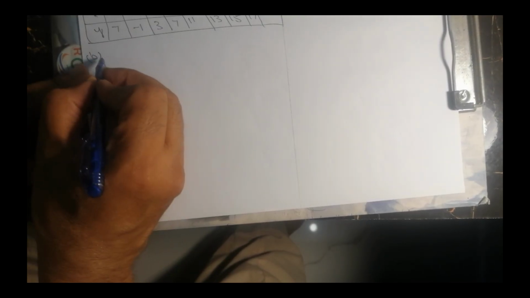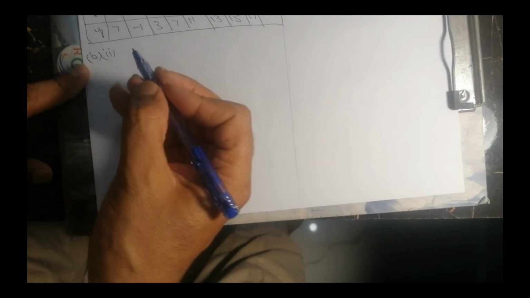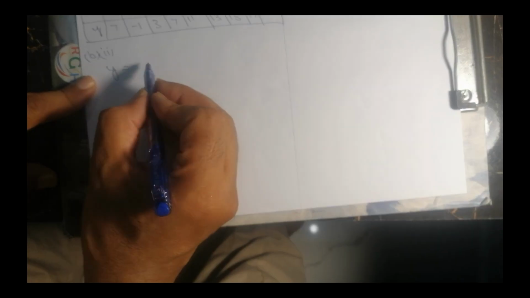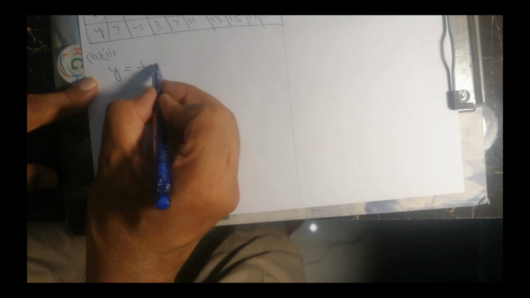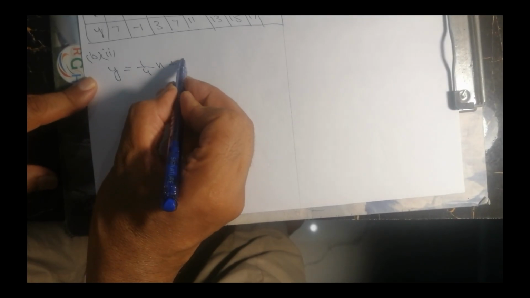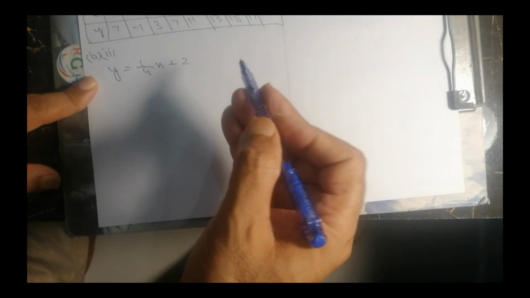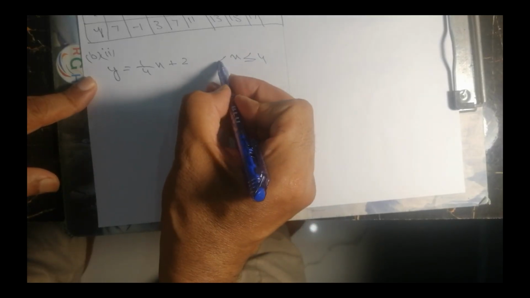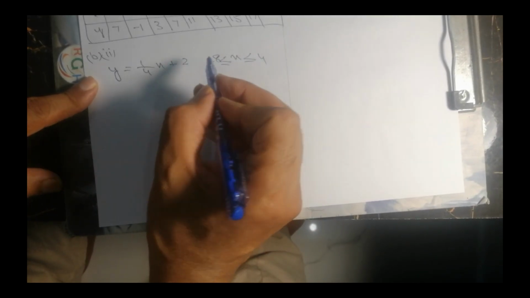So for part B, y equal to 1 by 4x plus 2, and range is already x less than or equal to 4, greater than or equal to -8.